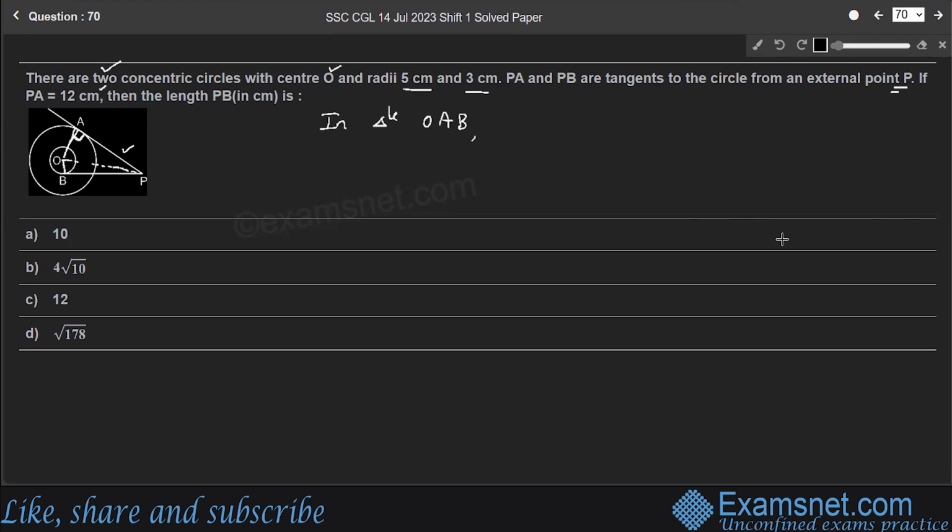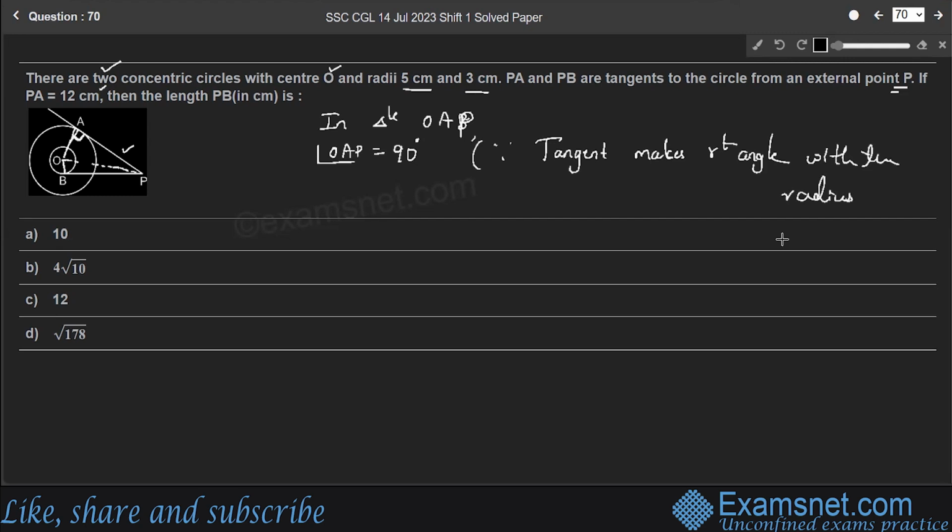So in triangle OAP, angle OAP is equal to 90 degrees. The reason is, tangent makes a right angle with the radius of the circle. Therefore, OAP is a right angle triangle.